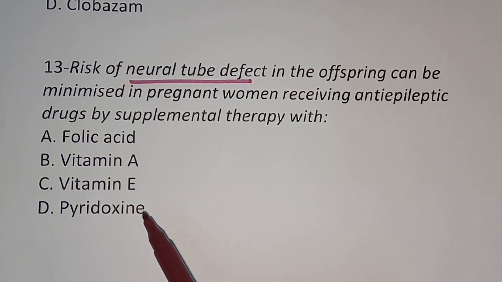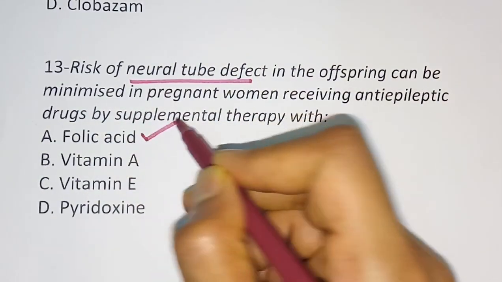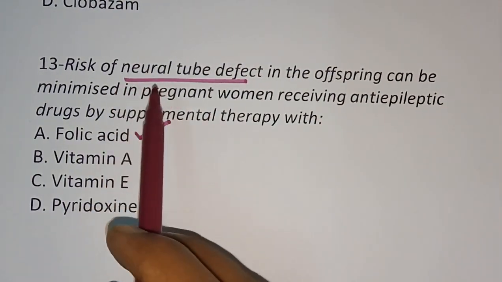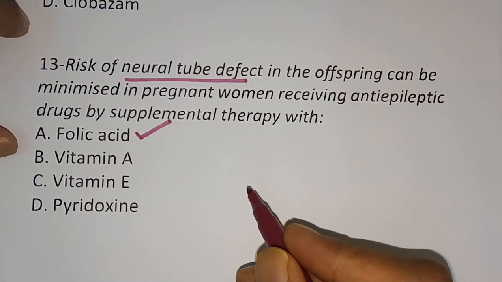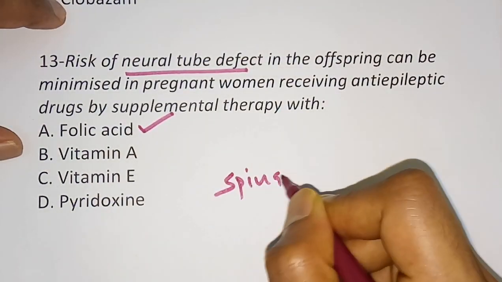The correct answer for question number 13 is folic acid. Folic acid supplement therapy will decrease the risk of neural tube defect. Spina bifida is one of the important adverse effects of valproic acid if it is used in pregnancy.